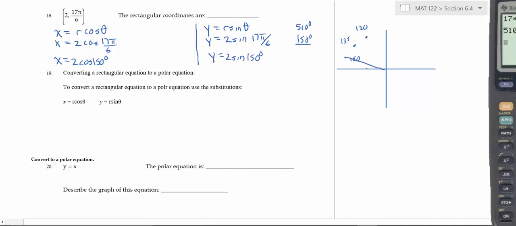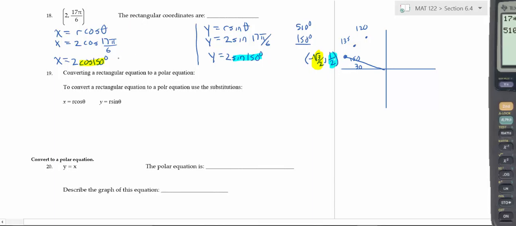You have that 30-degree reference angle, and that point on the unit circle is negative square root of 3 over 2 and positive 1/2. So the cosine of 150 is this, and the sine of 150 is the y value, so it's that.